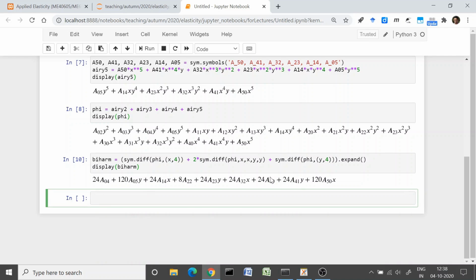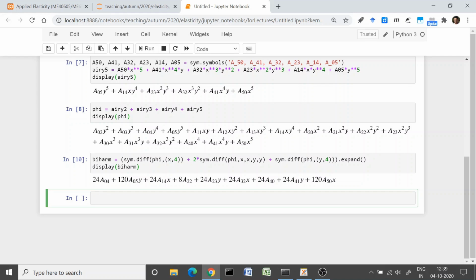From this single expression set equal to 0, we are going to obtain 3 equations, one from the coefficient of x, one from the coefficient of y, and one from the constant terms. Let's try to implement that.